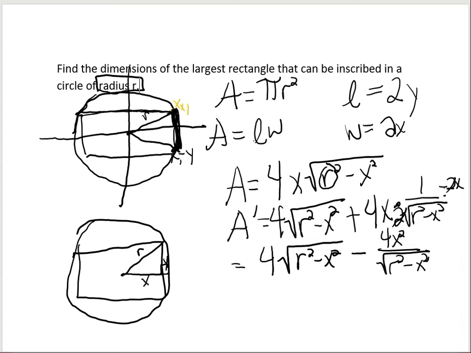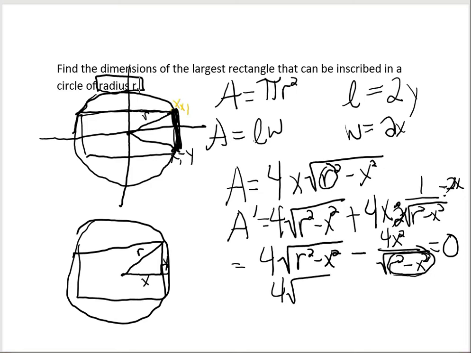Well, it's undefined if our x is greater than r, which will not happen because that will geometrically not make any sense, or if x is equal to r. But if x is equal to r, our y is 0, so that's not going to be a rectangle, which means in our domain this is defined, so we set this equal to 0 and solve.